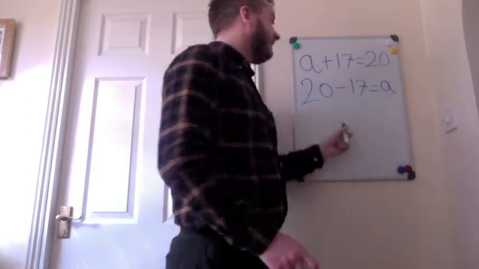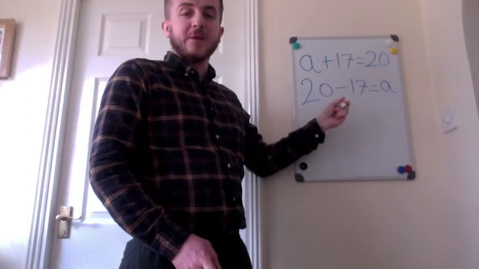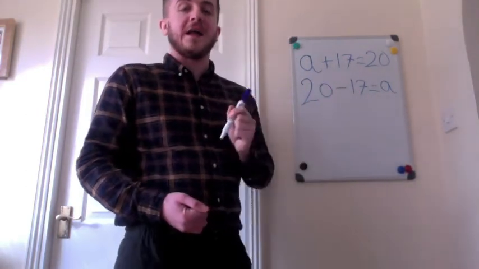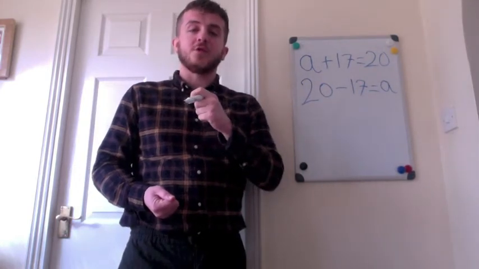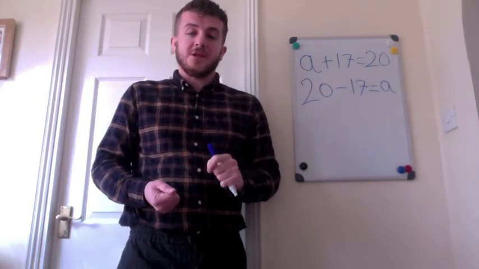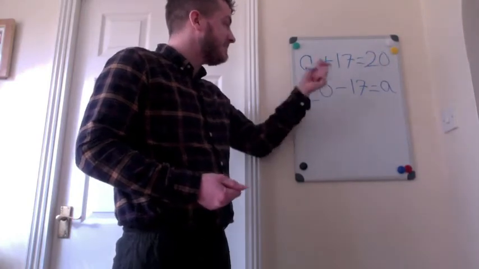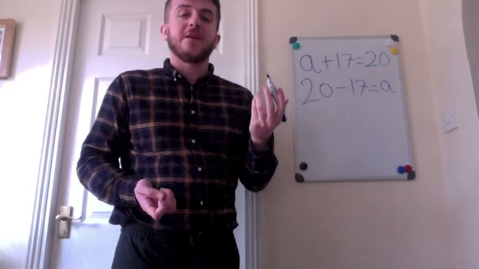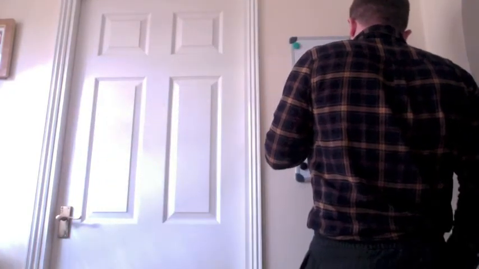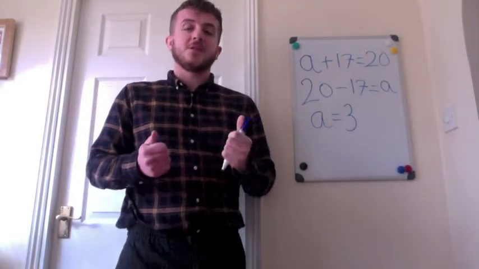So, therefore we know 20 take away 17 equals A. You can choose to pause the video right now and calculate this one yourself, or continue. So, 20 take away 17, using my mental calculations, I can figure out A equals 3. If you got that one correct, well done you.